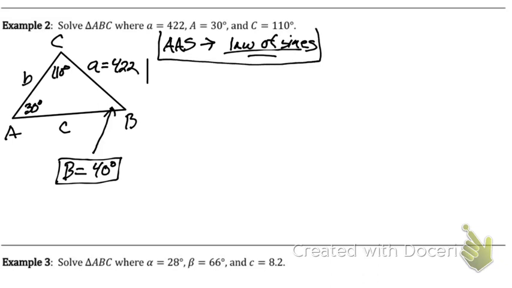All right, to find side B, I am looking for side B, so I'm going to put B on top of sine of B. Well, angle B is 40 degrees. And that's going to equal, once again, I'm going to pick a side and an angle that I know.